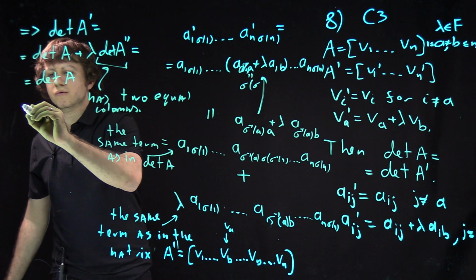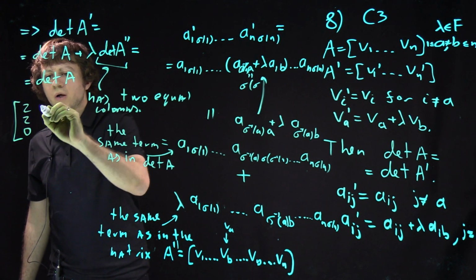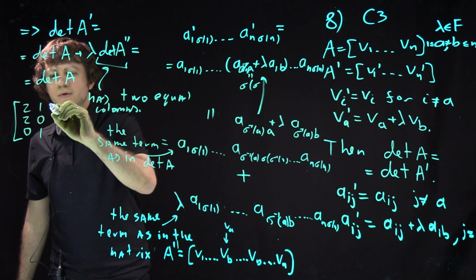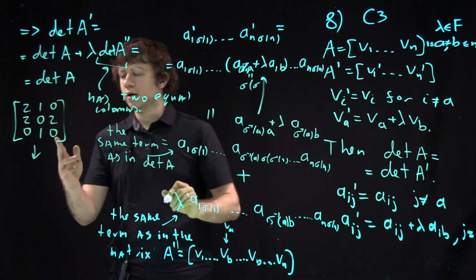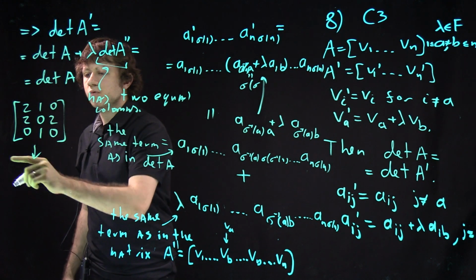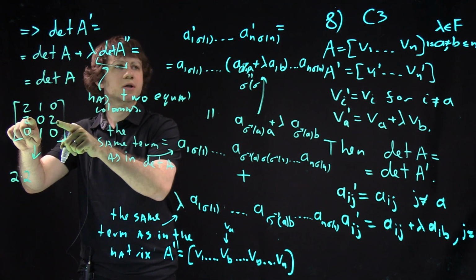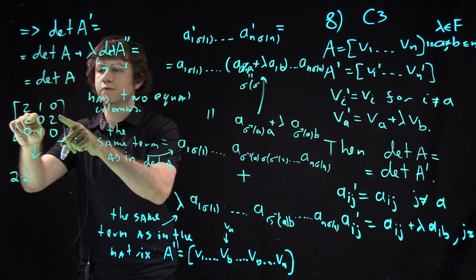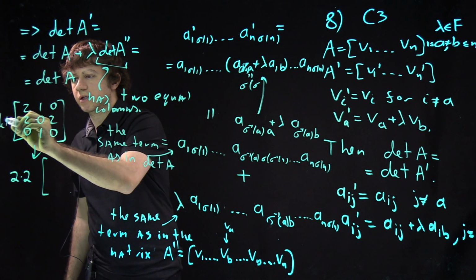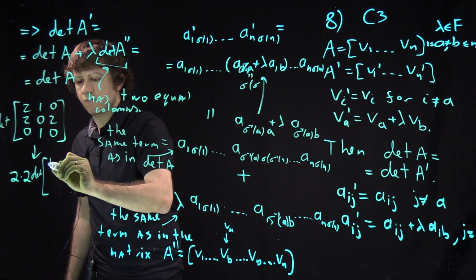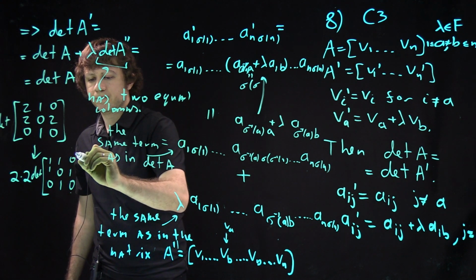For instance, if you want to compute the determinant of a matrix, let's say 2, 2, 0, 1, 0, 1, 0, 2, 0, you can easily, for instance, first take 2 out and another 2 out. This is operation C2 applied to the first and third column, times the determinant of the matrix where now I have 1, 1, 0, 1, 0, 1, 0, 1, 0.